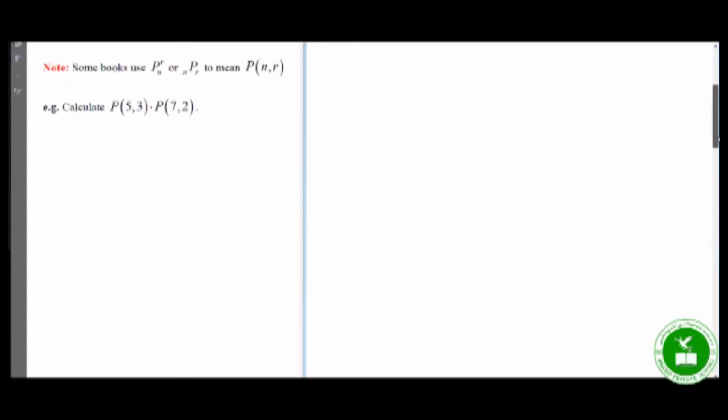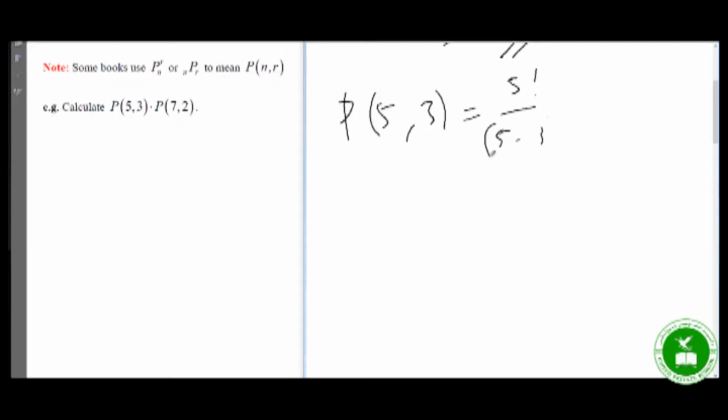Let's calculate them. The permutation of 3 elements from 5 is equal to 5 factorial over 5 minus 3 factorial, which is 5 times 4 times 3 times 2 factorial over 2 factorial. The 2 factorials cancel, so 5 times 4 times 3 is equal to 60.